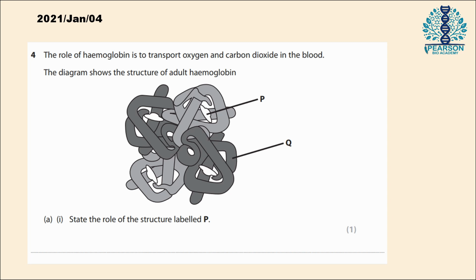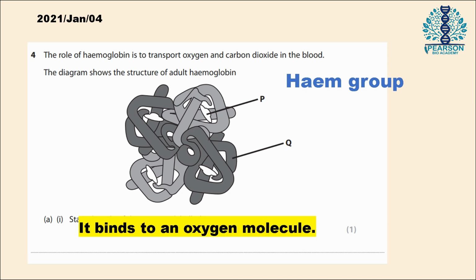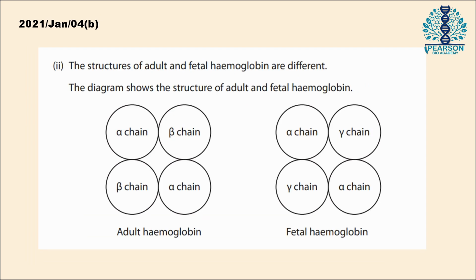This question is about the hemoglobin structure, and the P here labels the heme group, and the question states the role of the structure labeled P, and you know it binds to an oxygen molecule. Next question is from the January 2021 paper. Here you are given the structures of adult hemoglobin and fetal hemoglobin.